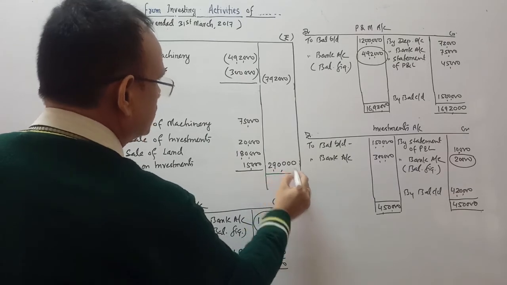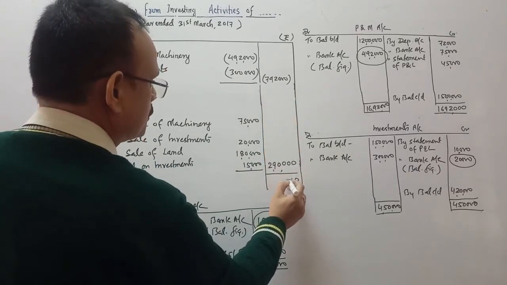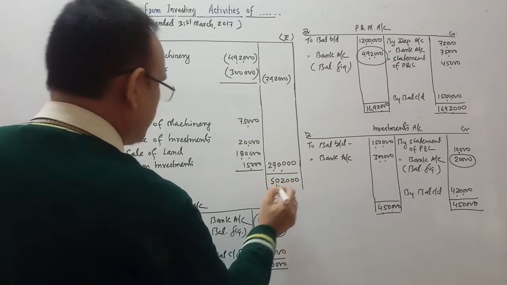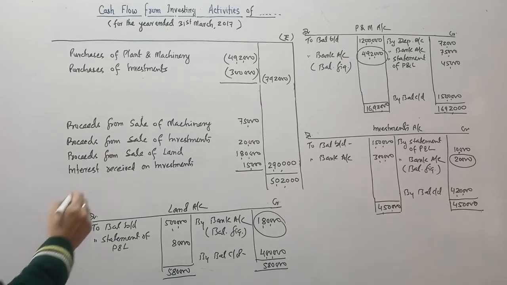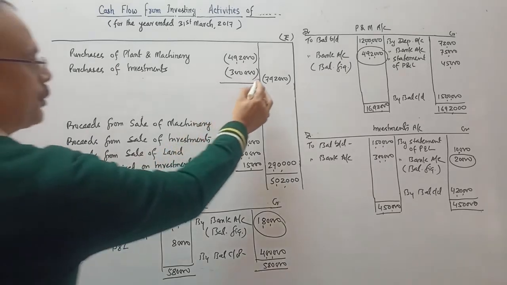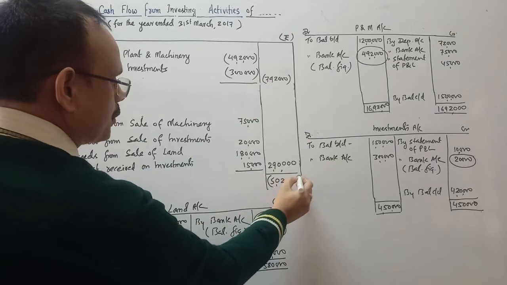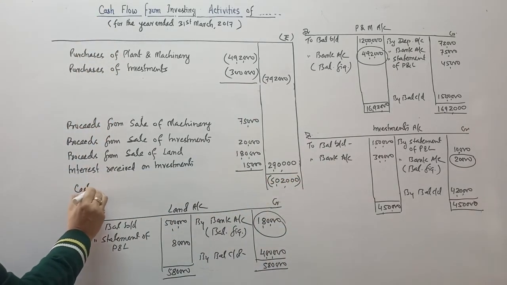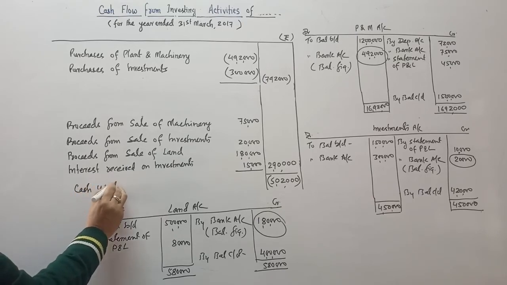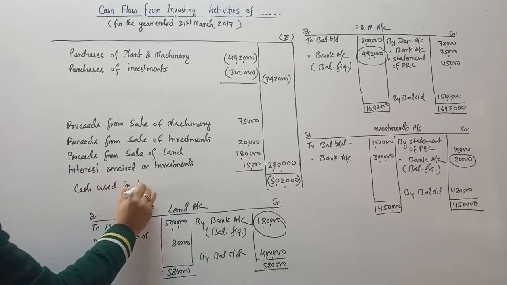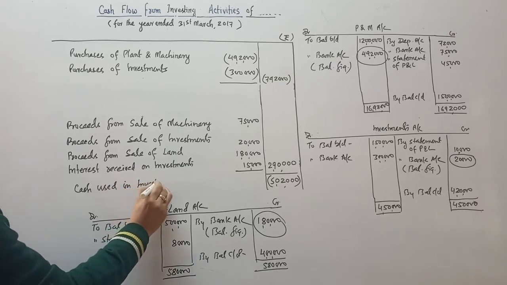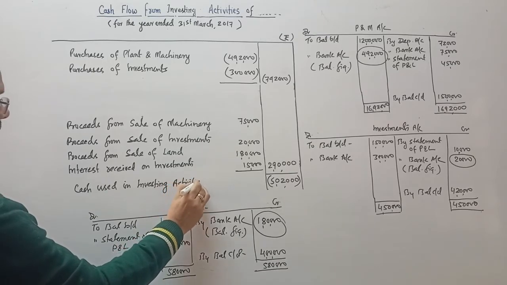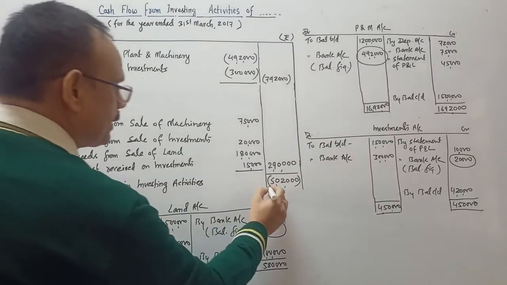So deduct it from this amount. 5,02,000 is the cash flow, minus is more, the outflow is more, so this will be shown in brackets. So you have to write cash used in investing activities. Cash used in investing activities. How much?